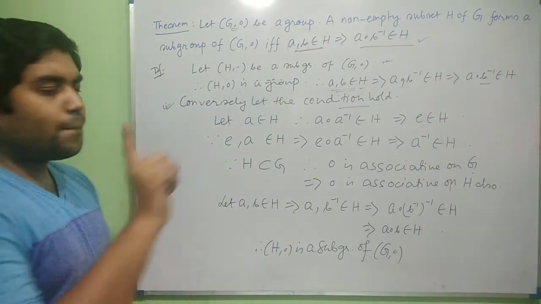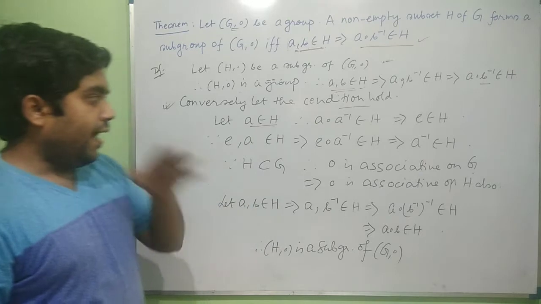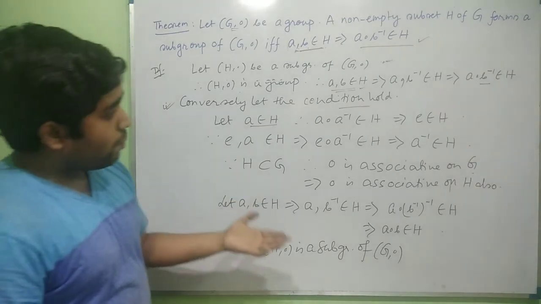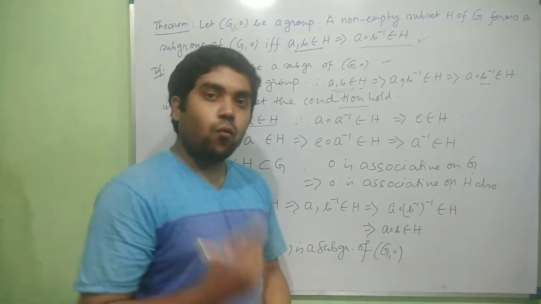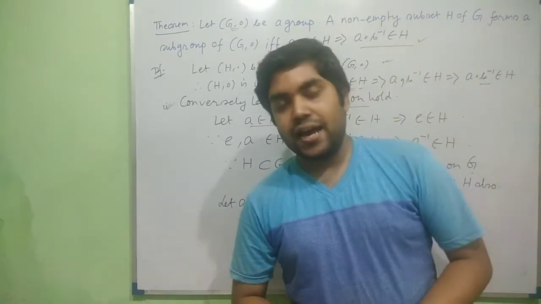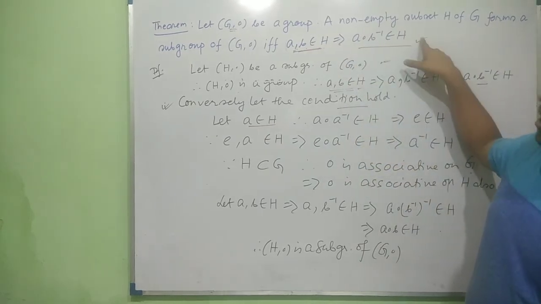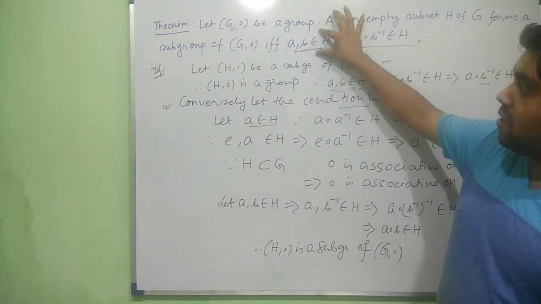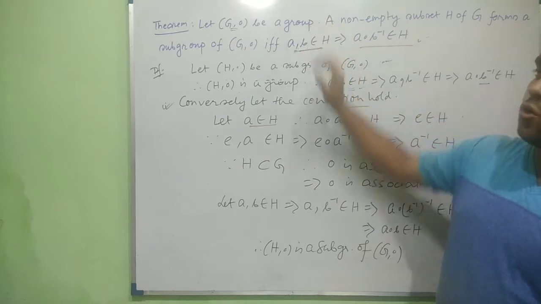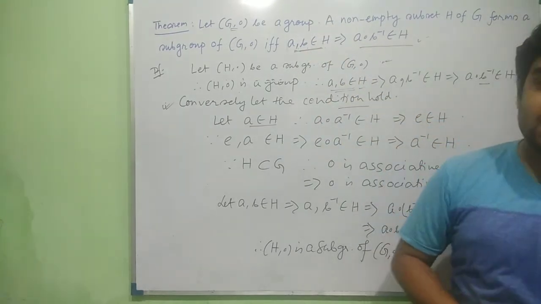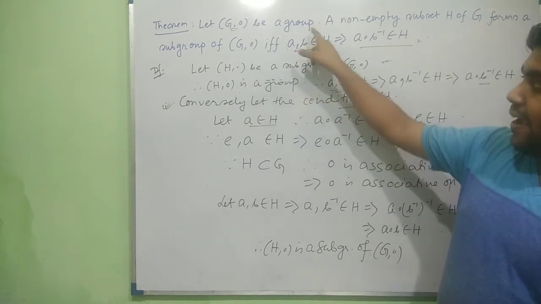First of all, we consider a particular element A, an arbitrary element in H. From the condition, for any two elements A and B in H, A naught B inverse is in H. If we consider only a single element A, then A is performing the role of A and B both.